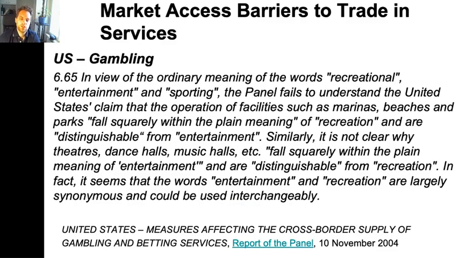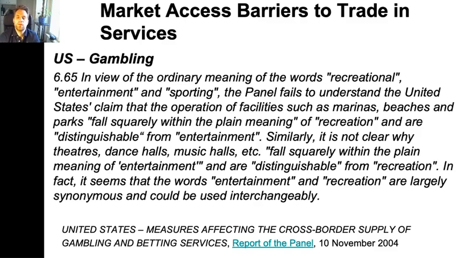So, long story short, the big question is, what does recreational mean? Or in other words, is gambling fun? Or is it closer to an addiction and therefore should not be considered as recreational? And here, as you see in the panel report from November 2004, it defined and interpreted the words recreational, entertainment, and sporting.